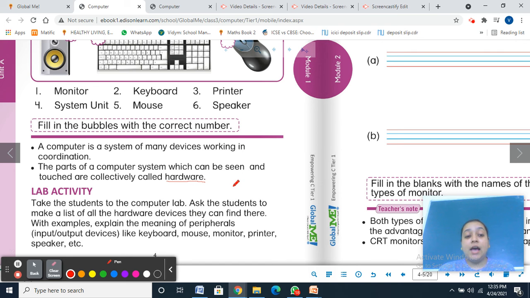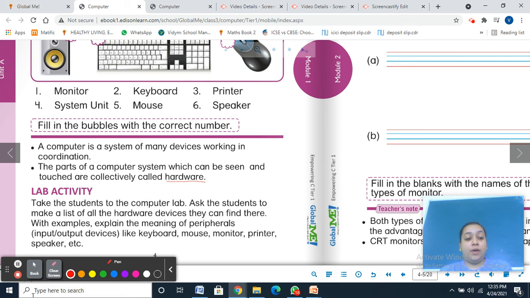Getting this point? So you can touch your screen, the keyboard, CPU, mouse. All these are hardware and the external part of the computer.